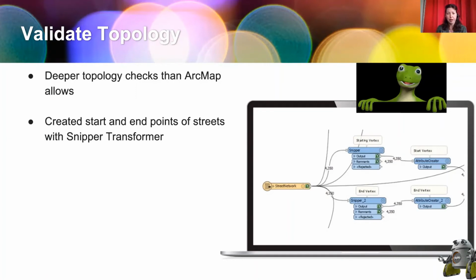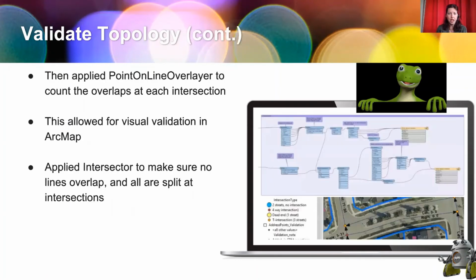Shown in this part of the script, I was creating start and end points of each line using the snipper transformer. And then in the next part, using the points that were created with the snipper, they are compared back to the original street network with the point on line overlayer to count the overlaps at each intersection.